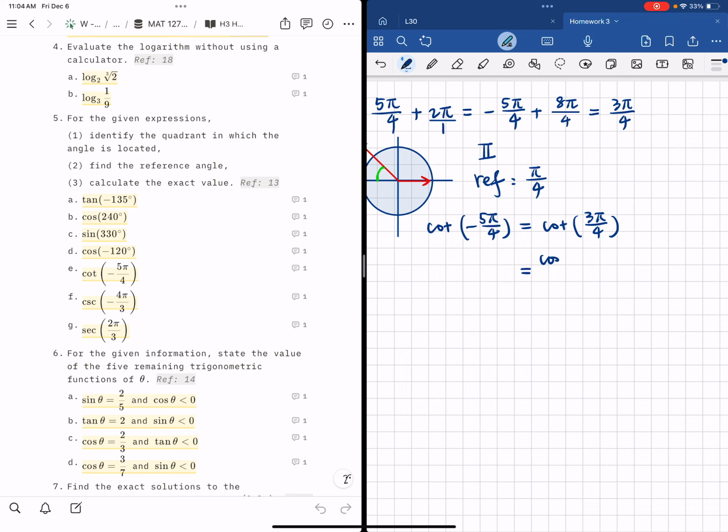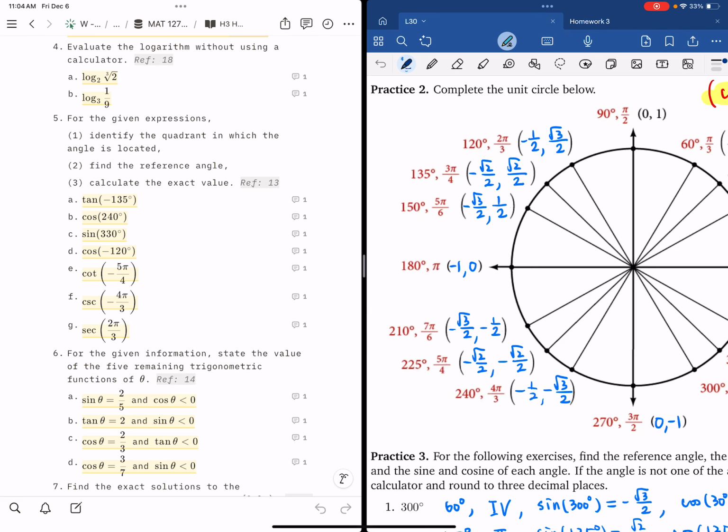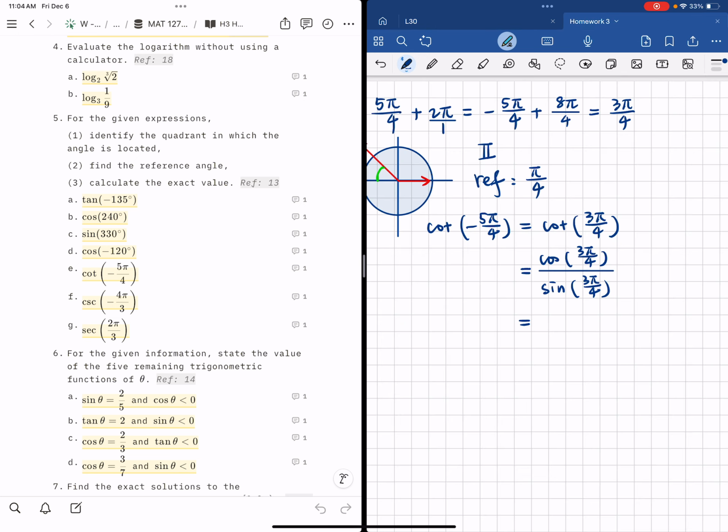So it's cosine of this angle divided by sine of this angle. And then you're going to look at your unit circle and identify the two coordinates, right? So if you look at 135 degrees or 3 pi over 4, the two coordinates are opposite numbers. So if I do a ratio, it's going to be -1.